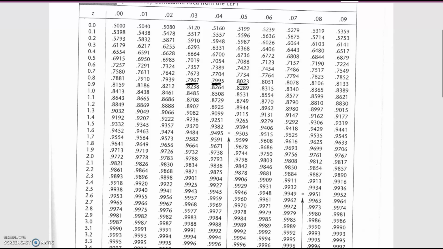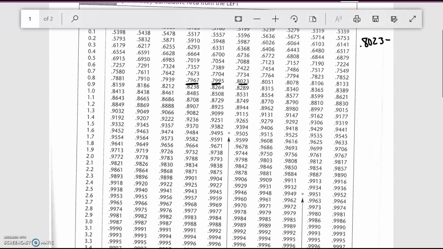To make absolutely sure you're getting the closest one, I would take 0.8023 minus what you're trying to get, which is 0.80. That comes out to be 0.0023. Compare that with 0.80 minus 0.7995, which gets you 0.0005.